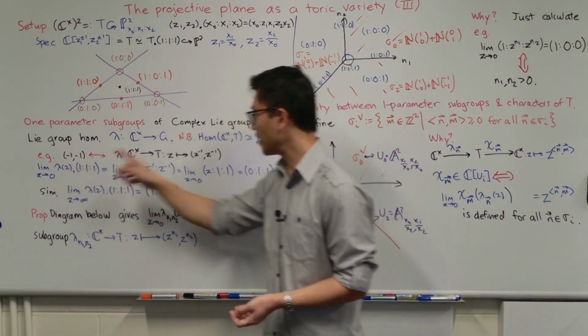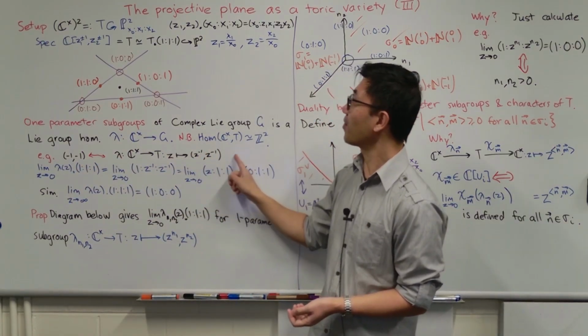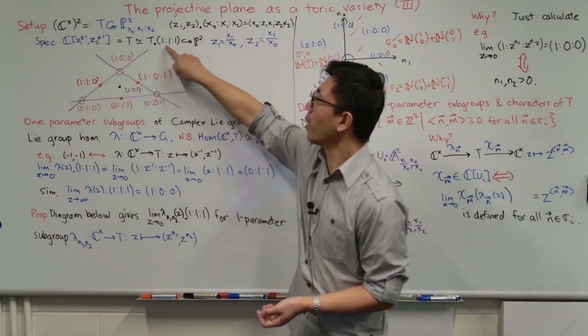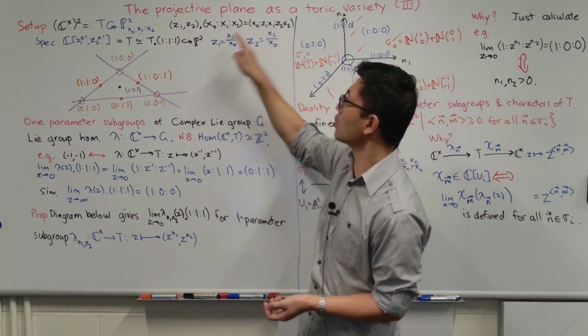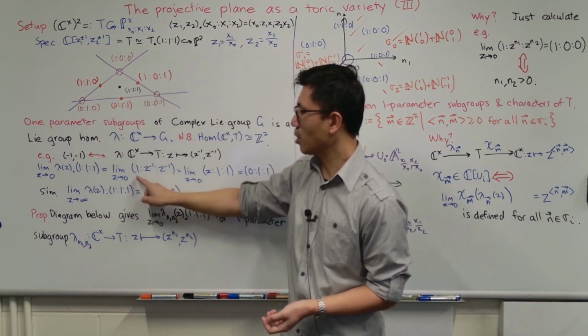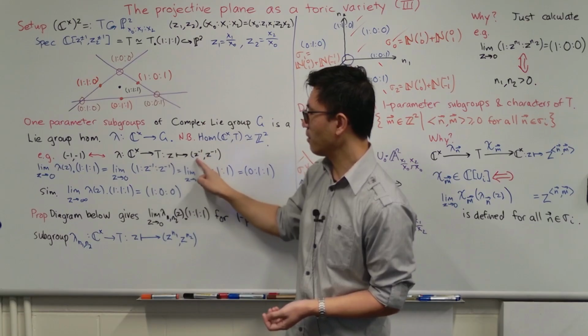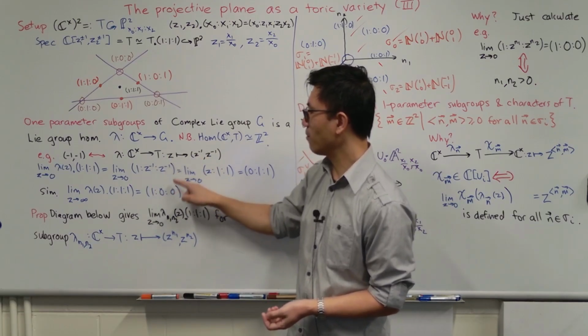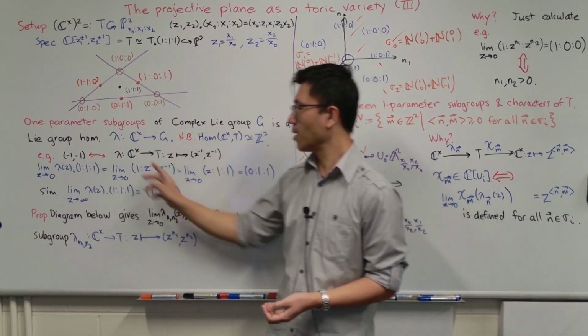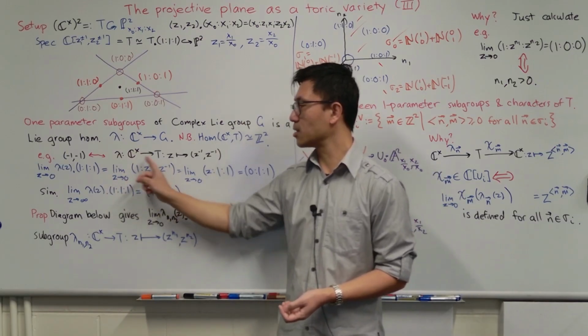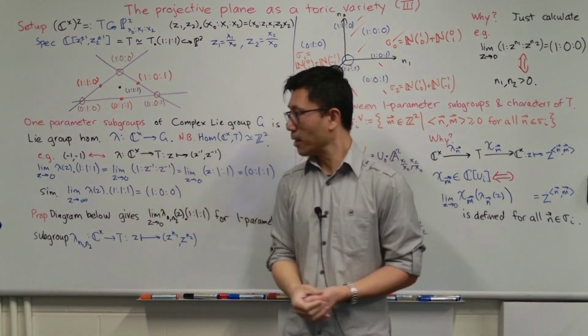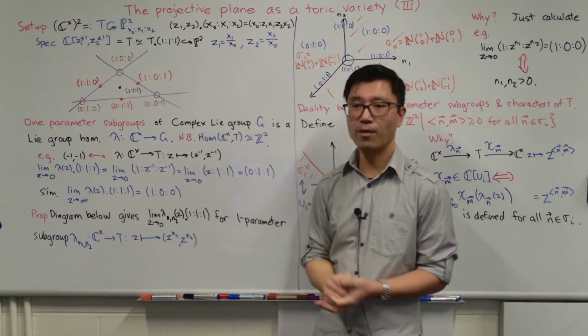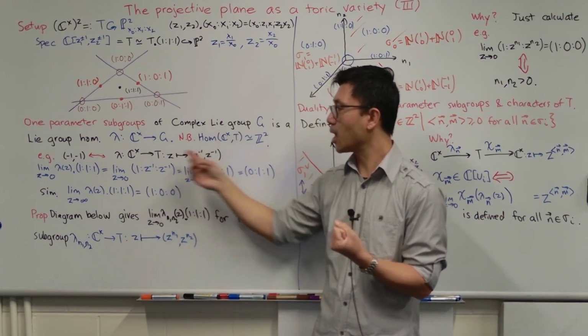So lambda of z, that's our value here, and we're going to let that act on this point 1 : 1 : 1. The action is you just scale the last two coordinates. So it's 1 : z inverse : z inverse, and you have the limit as z goes to 0 of this. Now, as I said, this is projective, and in particular compact, so it does have a limit.